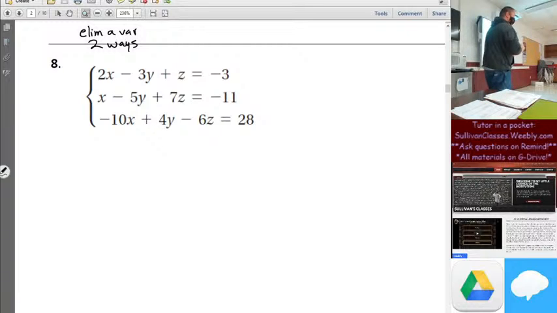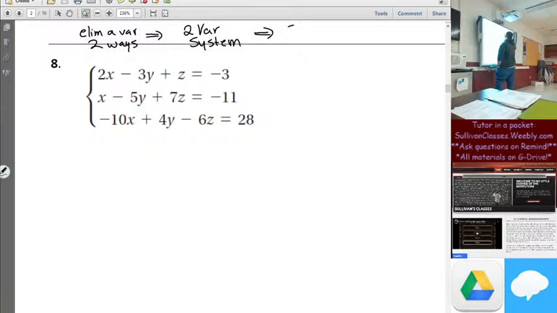So I'm going to do that. When you do it 2 ways, you have created a 2 variable system, which we know how to solve. I've been doing it for a few years. Once we solve for 2 variables, we go back and solve for the eliminated variable.